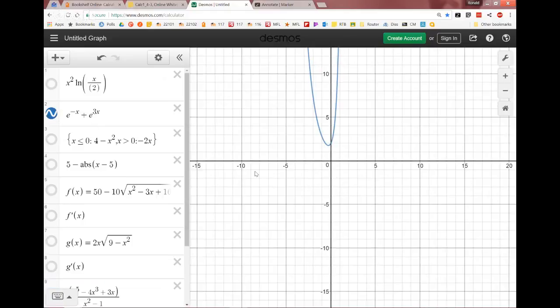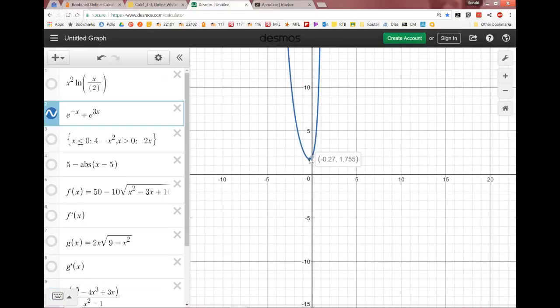So here's what it looks like. And right there, that's the point we found, negative 0.27. So we found when the derivative was at 0. If we pick a number to the left of it, we would see it would be negative and the function would be decreasing, and everything to the right of it is increasing. And that's basically number 17.